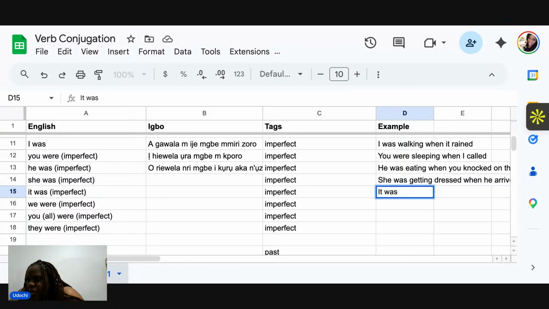I'm trying to find a good sentence that incorporates this concept in imperfect tenses.